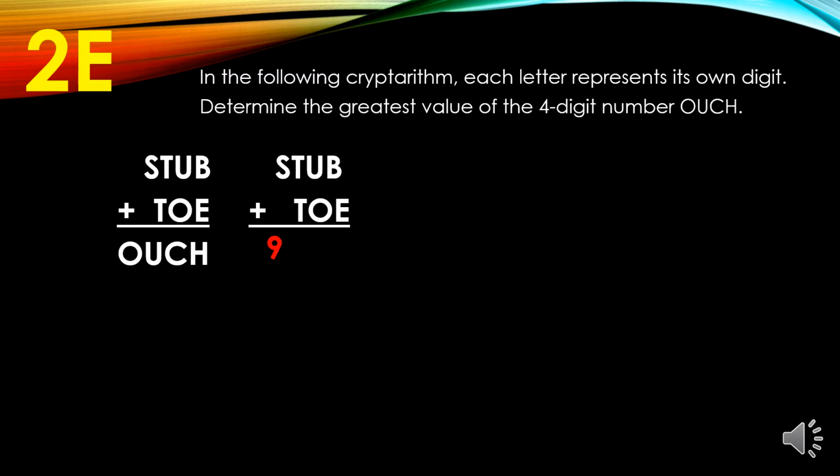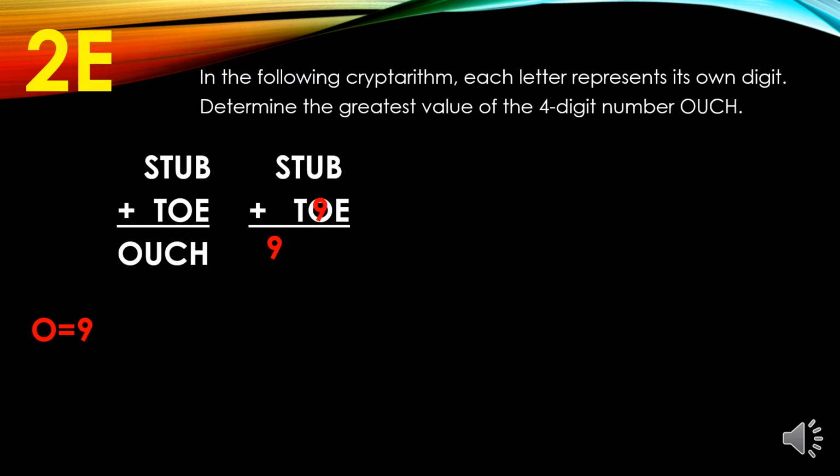Okay, but if we go for O as 9, it means all the O is 9. So it means you have two O's there, in OUCH and in TOE. The O there will represent 9. Now, in this case, we always assume that there's a plus 1, or a remainder of 1 from the other side. So your O is 9.